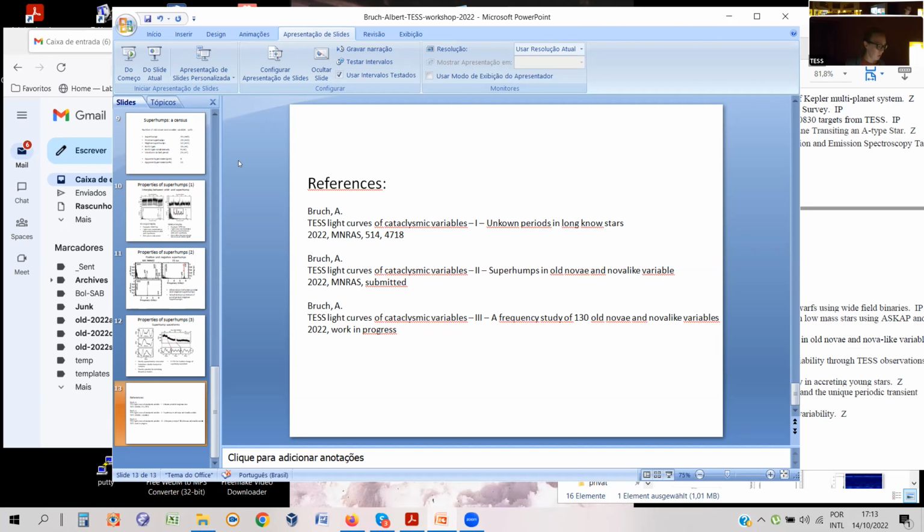Interesting. More questions? Have you investigated anything about the random or stochastic part of the variability? Not in these data.